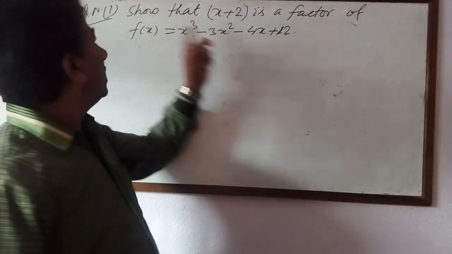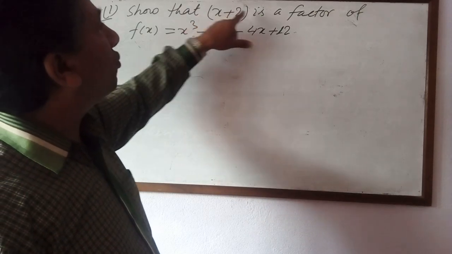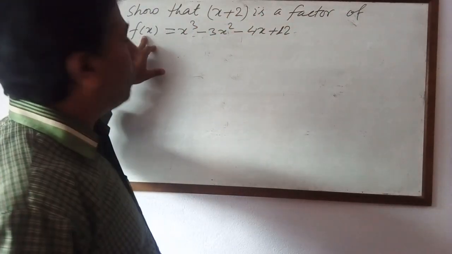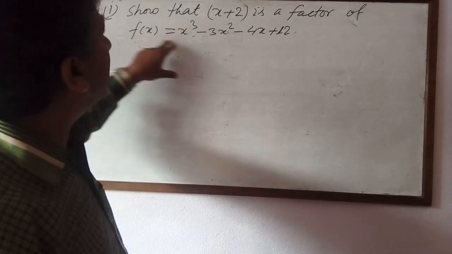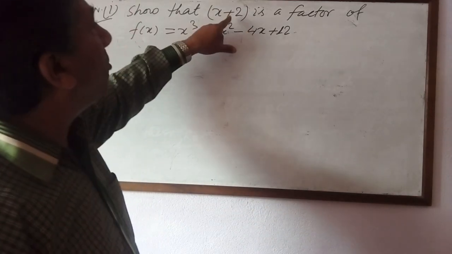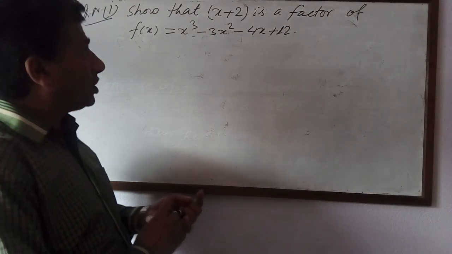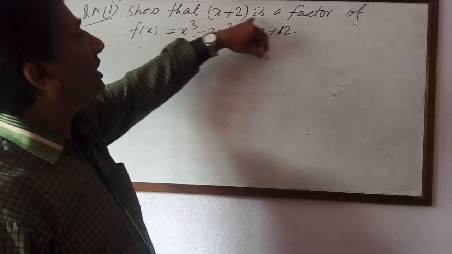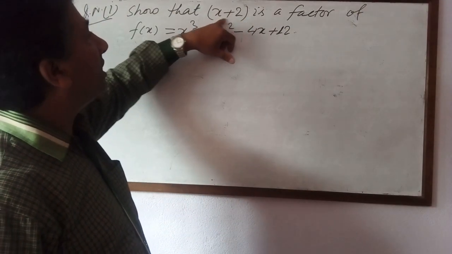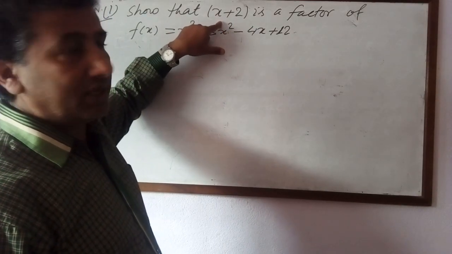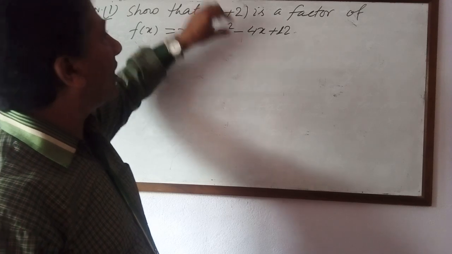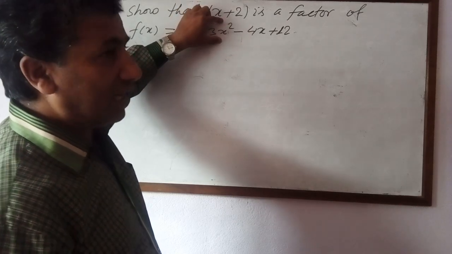In this question, we have to prove that x plus 2 is a factor of the polynomial. The name of the polynomial, f(x), I have written here. First of all, we have to think x plus 2 is a divisor. To be a factor, it must divide exactly.